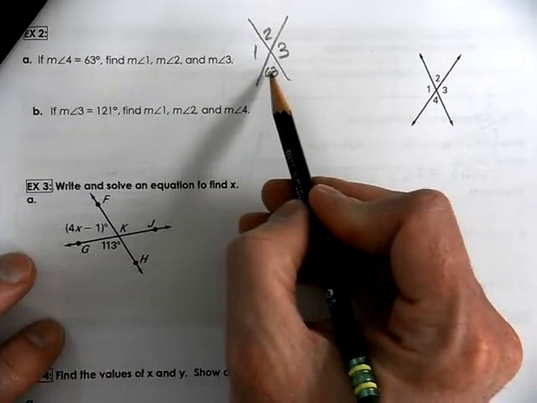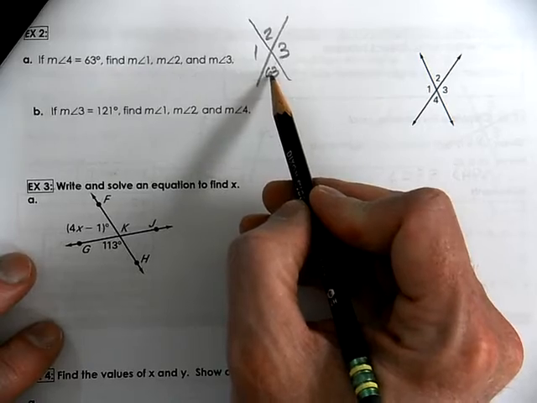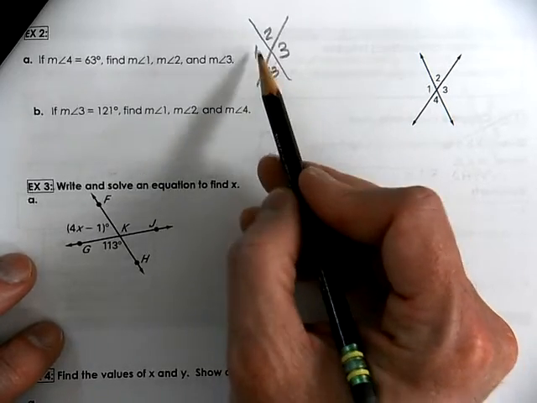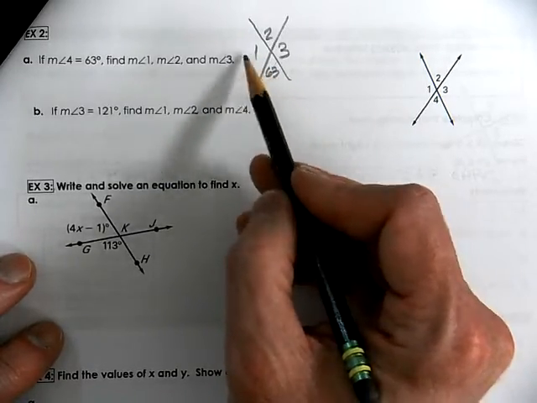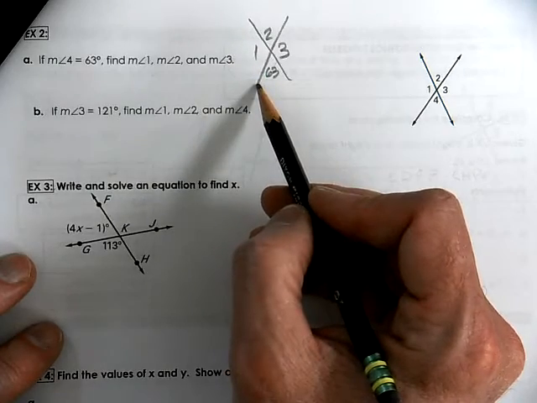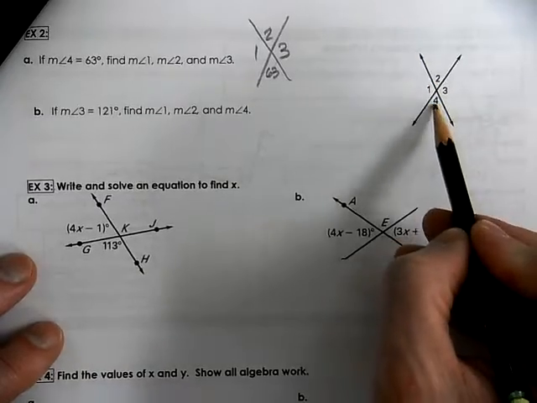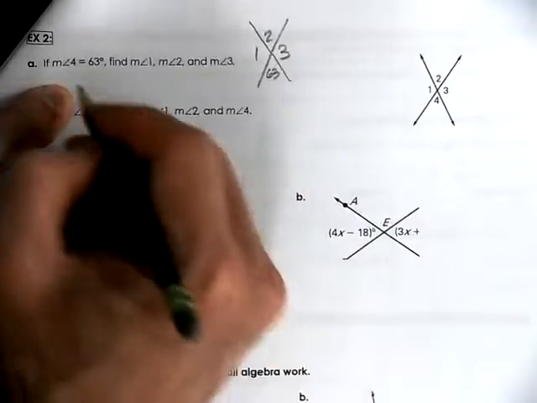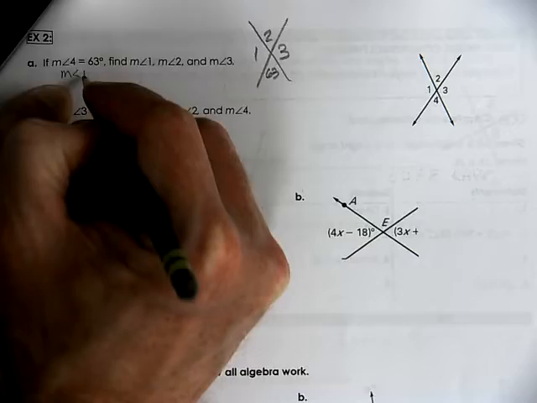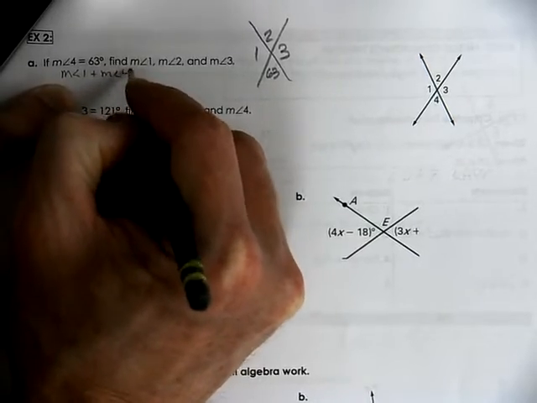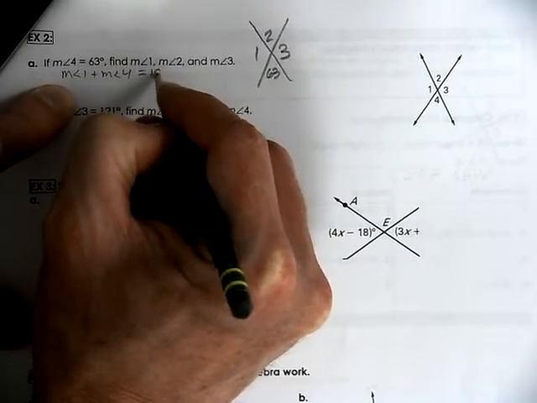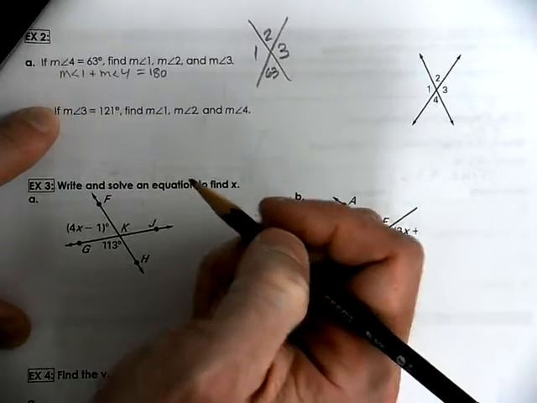So if angle 4 is 63 degrees, how are we going to determine what angle 1 is? Angle 1 and 4, we know, the first thing your mind's got to realize is that angle 1 plus angle 4 adds up to 180.